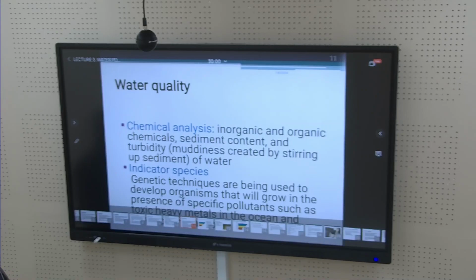So chemical analysis, inorganic and organic chemicals, sediments content, and turbidity, muddiness created by stirring up sediments of water.